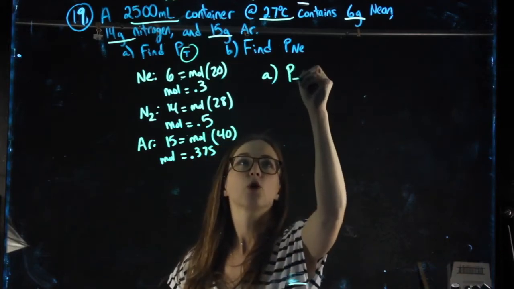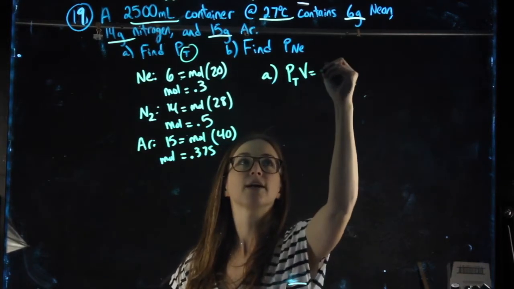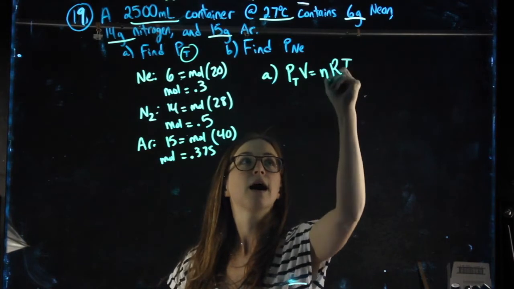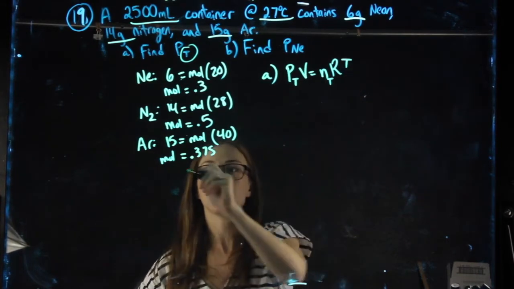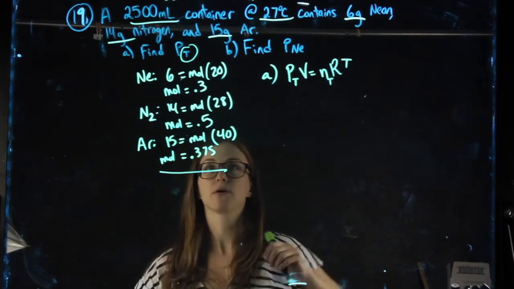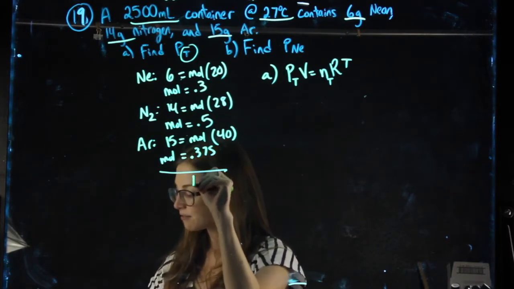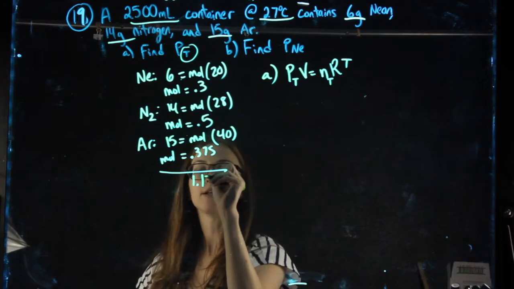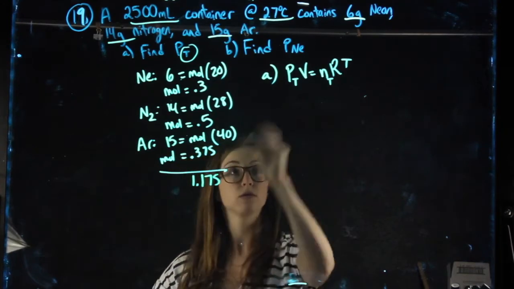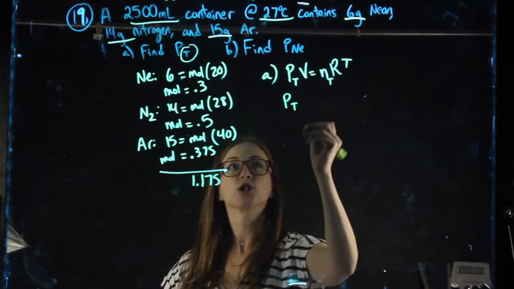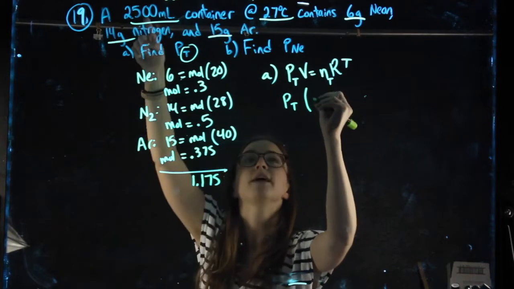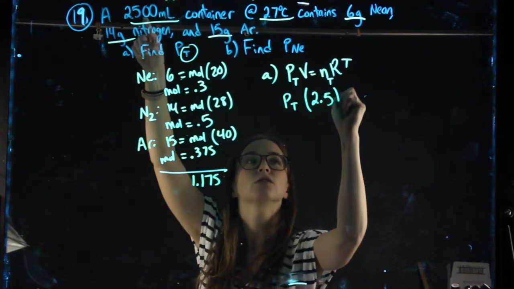So if I want the total pressure in PV equals nRT, I need to use the total moles, meaning adding all of those up. 0.3 plus 0.5 plus 3.75 is 1.175 moles total. To find my total pressure, I will use the volume they give me, but in liters.